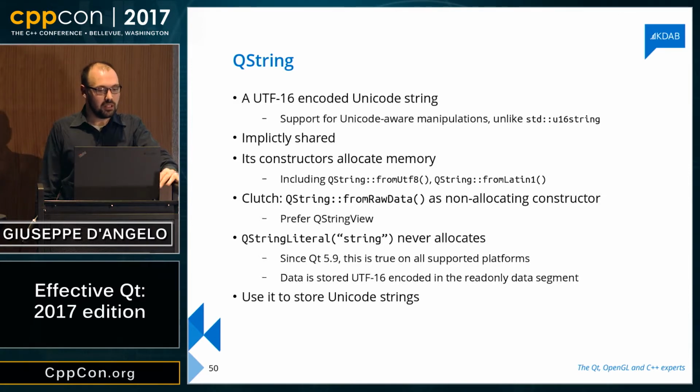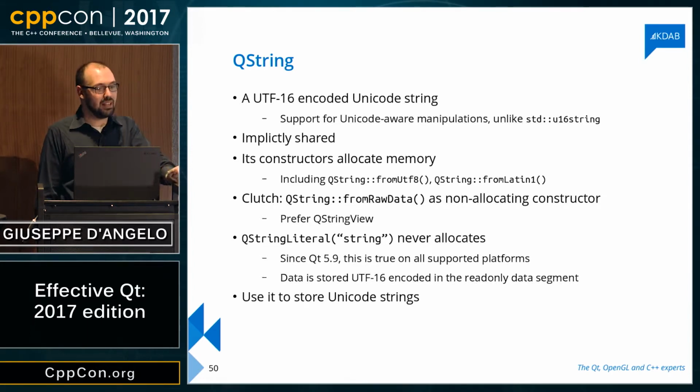So QString, again, is implicitly shared, and its constructors allocate memory, in particular its named constructors such as fromUtf8 and fromLatin1. It has the same crutch that QByteArray has, fromRawData, to get a non-allocating constructor. Ignore it. There is QStringView these days.